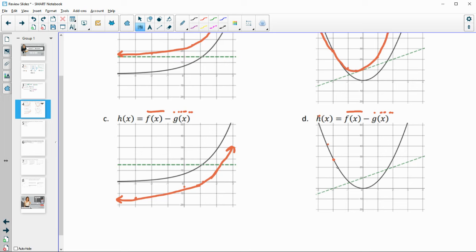So here, if we did 20 minus 2, that's like 18. Now we're going to be below it. Or here, they're the same, so we're going to be at 0. Here, it's going to be 0 minus 10, so we'll be at negative 10. Okay, and then again, here's where they're the same. So like 18 minus 18, that's going to be 0.